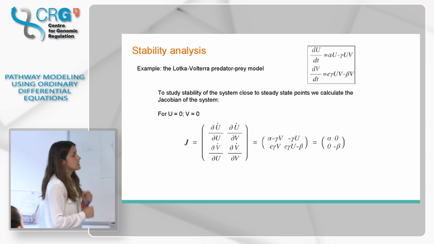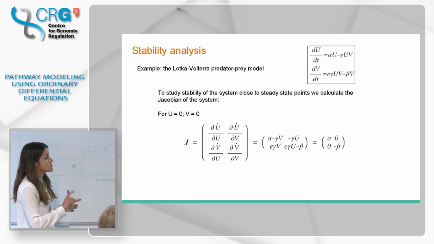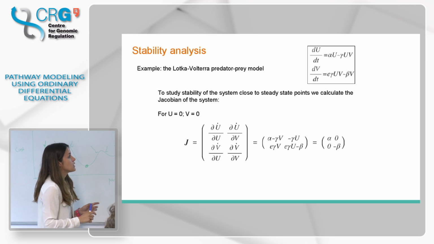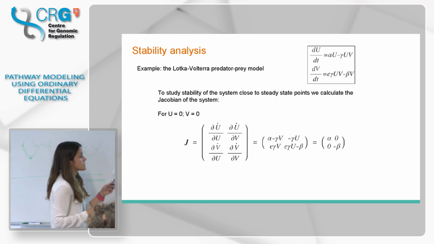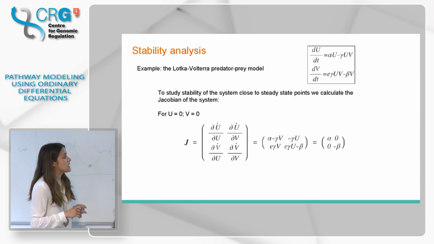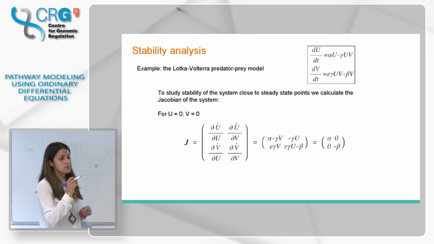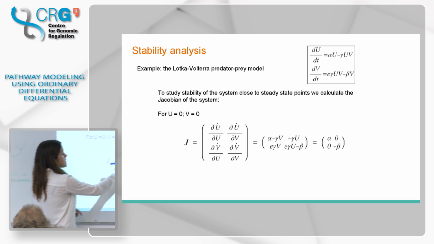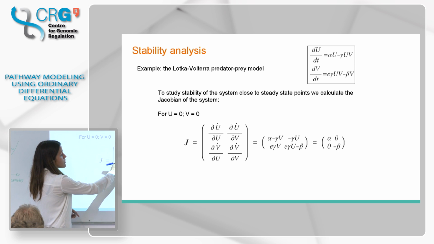To study the stability of a system that is close to steady state, for which we make a small perturbation of the steady state, we have to calculate the Jacobian of the system. The Jacobian is the derivative of each of the differential equations of the system as a function of each of the variables.